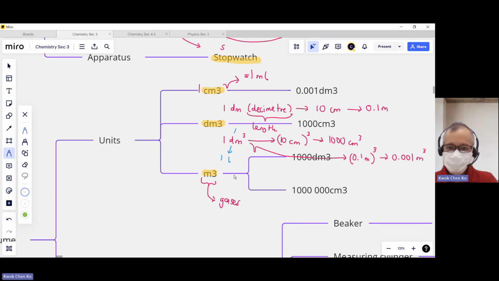Now, what you need to know, and probably you already have seen it here, 1 cubic meter is equivalent to 1,000 dm cube. 1 cubic meter is also equivalent to 1 million cm cube.